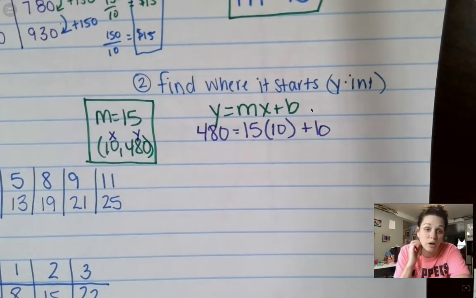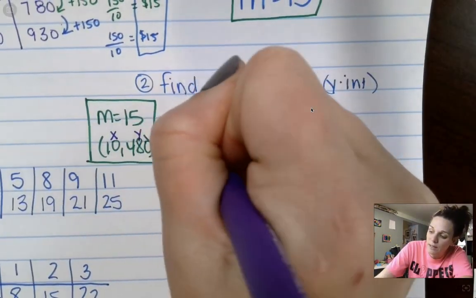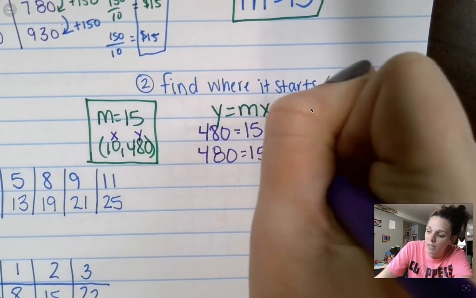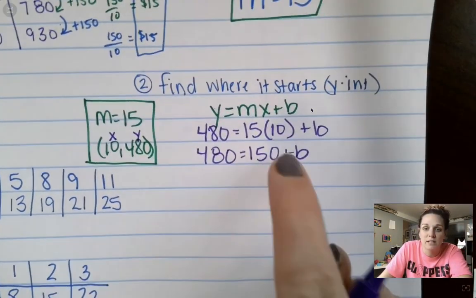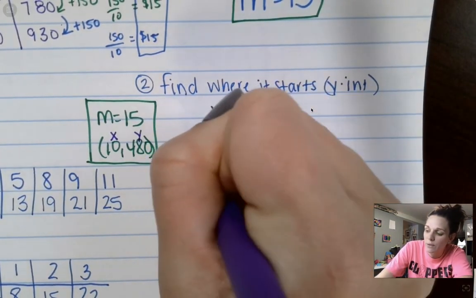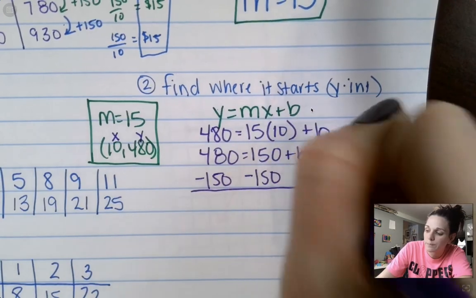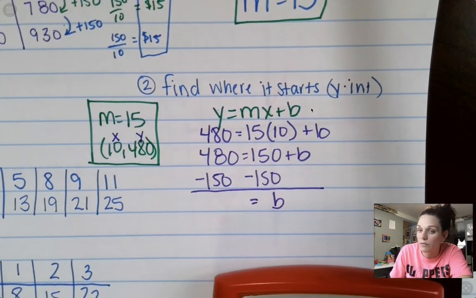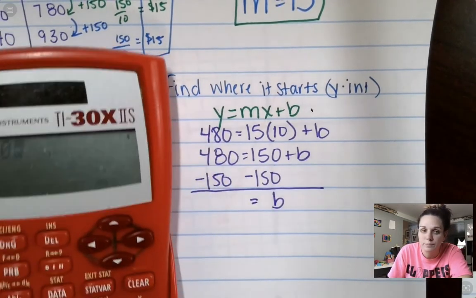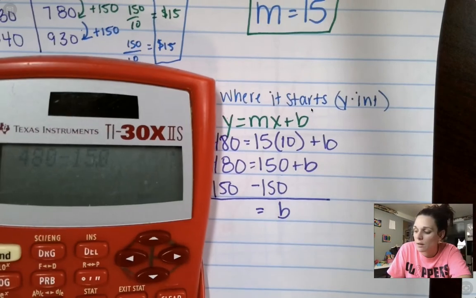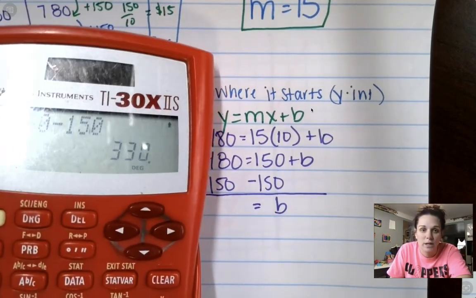Okay, now we're going to solve this. So we get 480 equals 150 plus b. Remember, when you multiply by 10, you can just add a 0. I'm going to then solve this by subtracting 150 from both sides. So my y-intercept has to equal, well, I pick up my calculator, 480 minus 150, and I get $330.